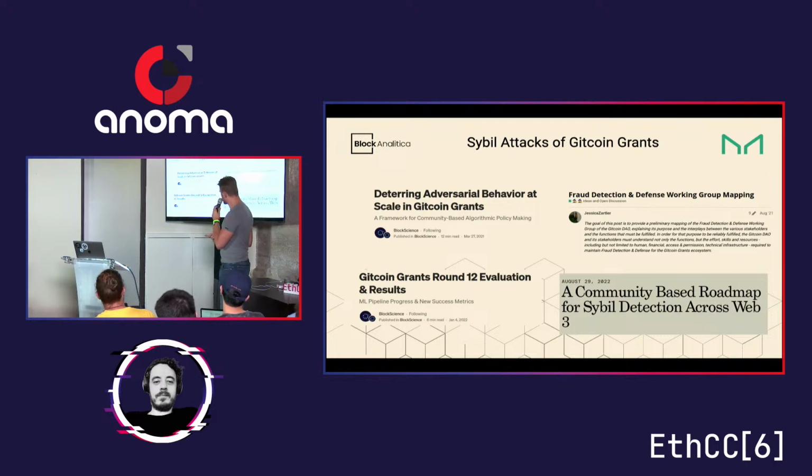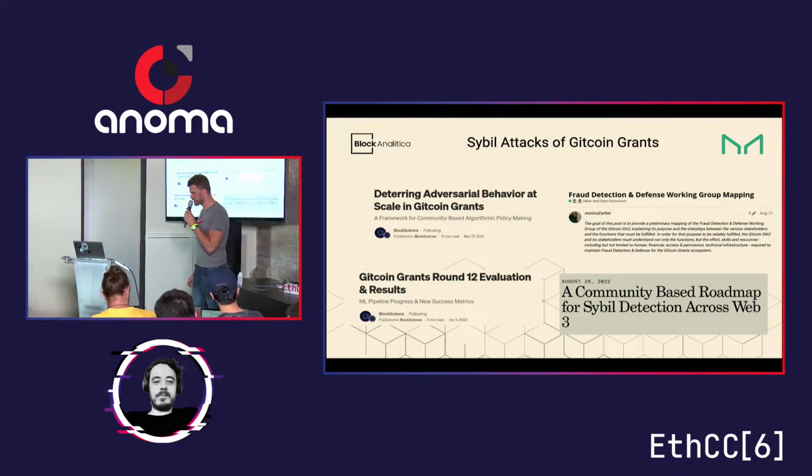But that introduces the attack vector of Sybil attacks, where one entity spreads their funds across multiple wallets. And then we come to the question of how to define, how to detect, and also how to sanction this kind of behavior.